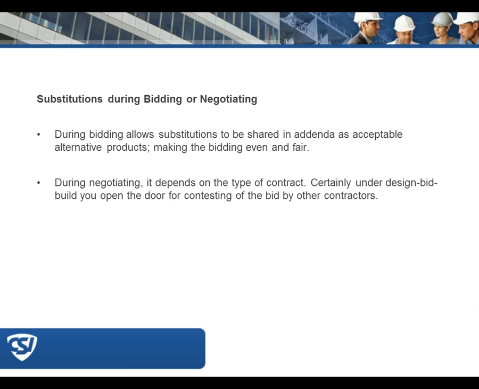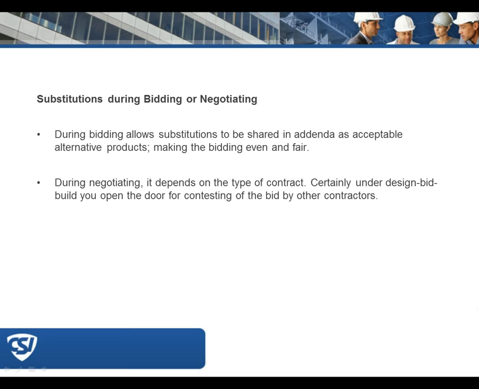On a public project with a design bid build, after bids are received, if the bids exceed the budget, you can enter into negotiations with that apparent low bidder, and if he has some substitutions that he wants to propose that might bring the bid price down, then we would look at those. May not accept them, but we'll consider them.